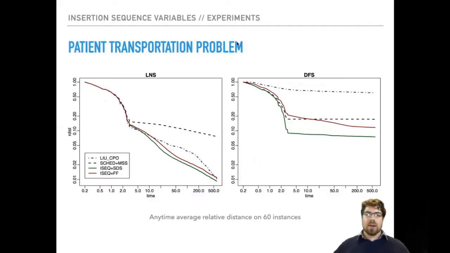So we tested our implementation in a model for the patient transportation problem, which is a variation of the dial-a-ride problem. So we compared our model with an implementation using CP Optimizer, which is this blue line here.